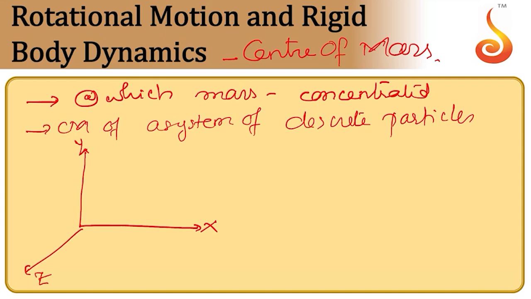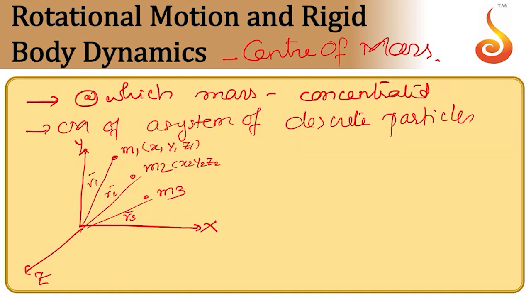Consider a couple of particles m1, m2, m3 and so on. m1 has a position vector r1, m2 has a position vector r2, m3 has a position vector r3, etc. Their coordinates are x1, y1, z1, x2, y2, z2 and x3, y3, z3. We can consider many such particles. This is origin, of course.